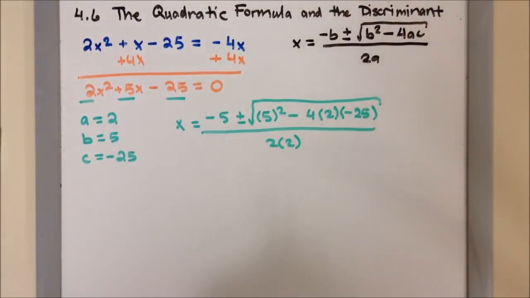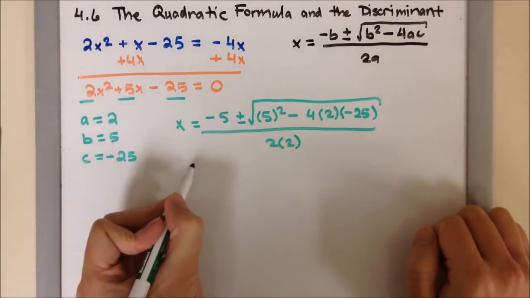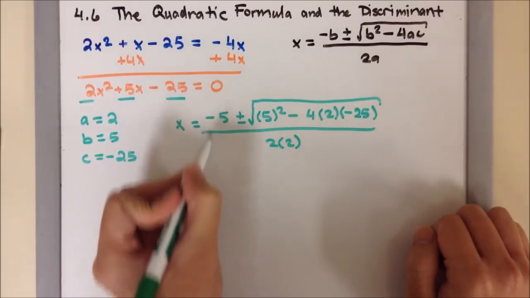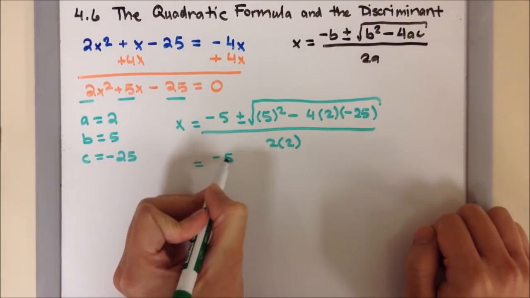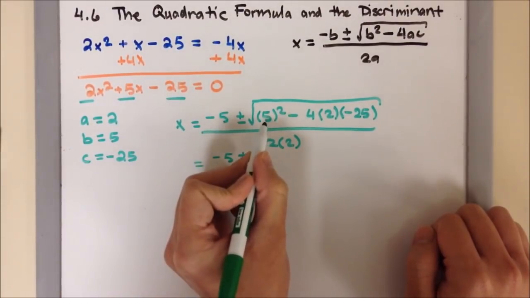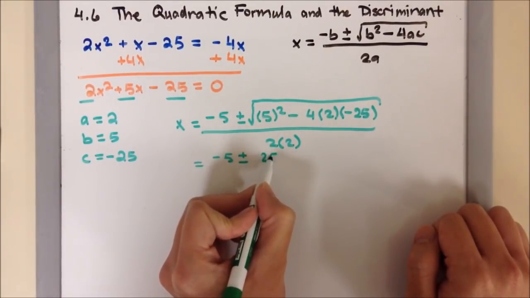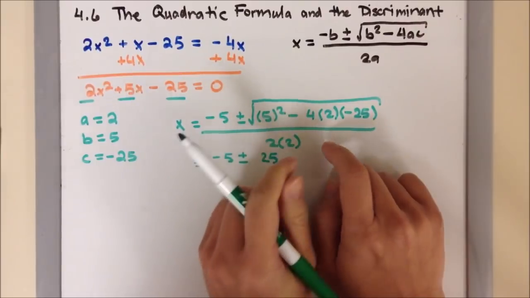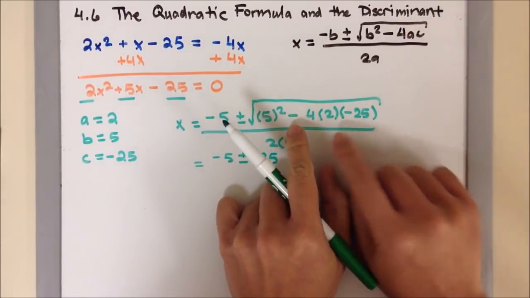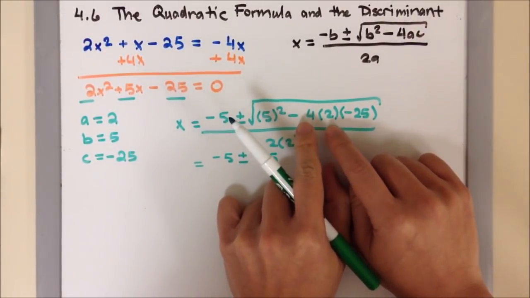Alright, now we're just going to simplify. So negative 5 stays the same. Plus minus 5 squared, that means 5 times 5, so 25. Now, this is where we have to be very careful. So my negative 4 times 2, that's negative 8.